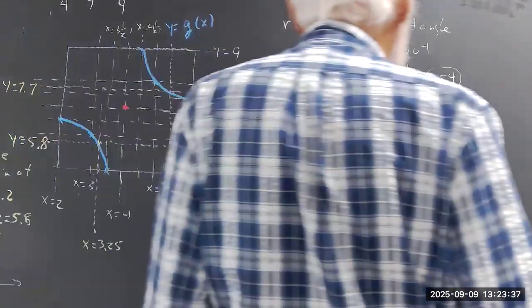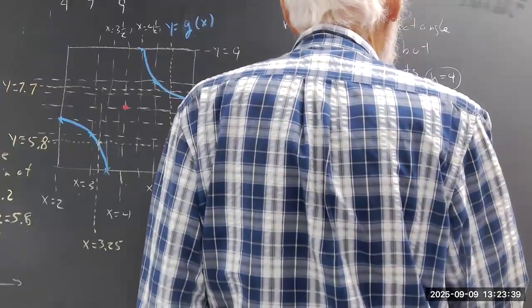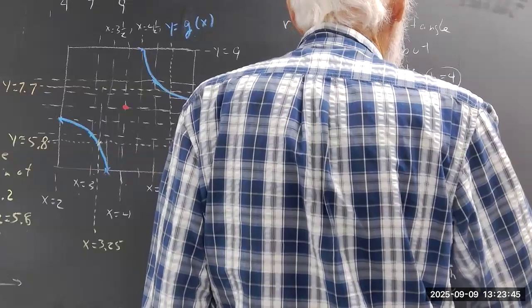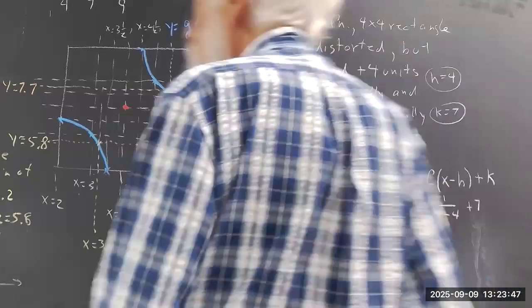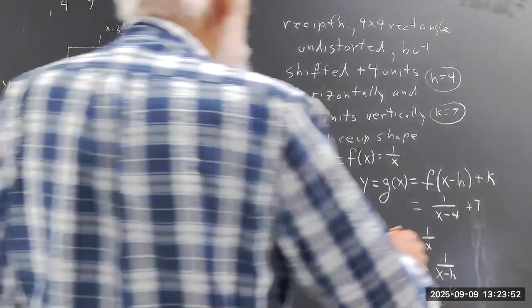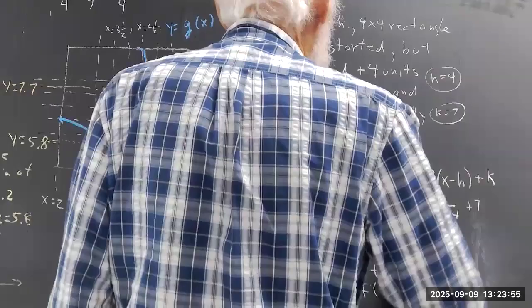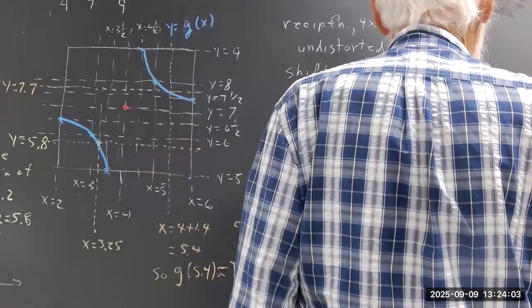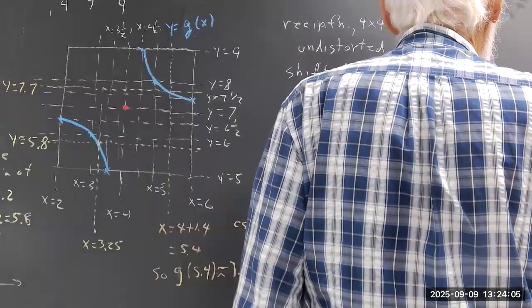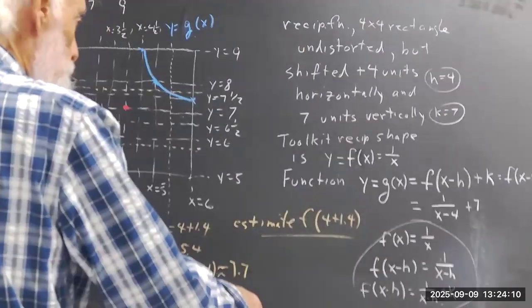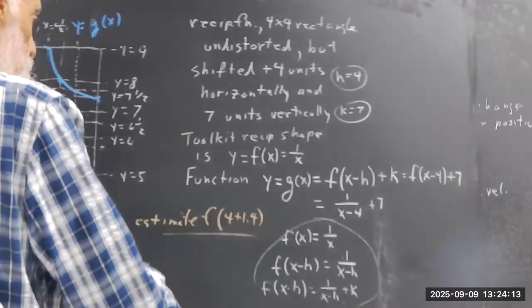So in this case, it's 1 over x minus 4 plus 7. Now I think I just went off of the edge of the board, but there we are.